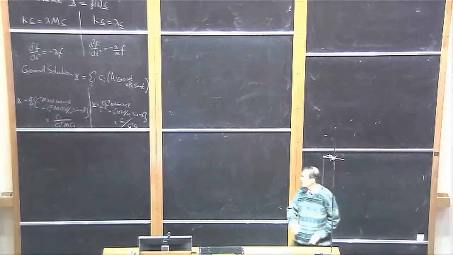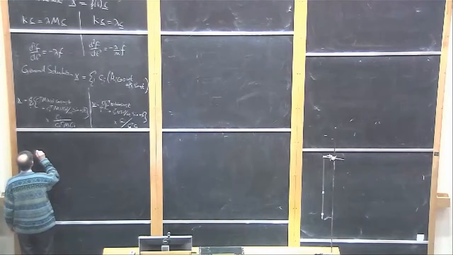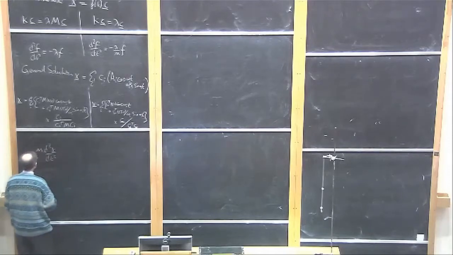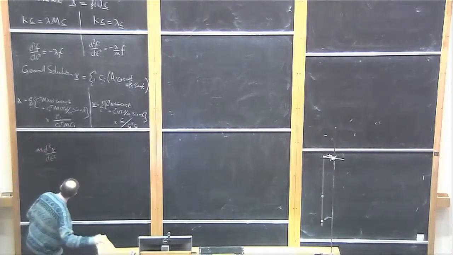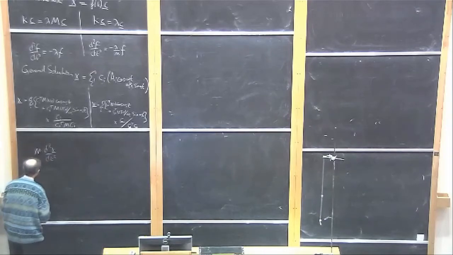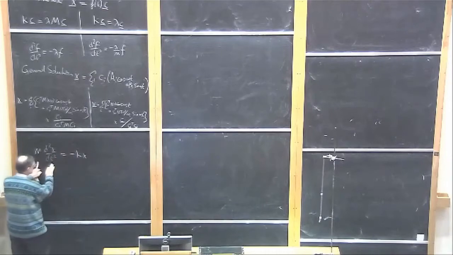Okay, so how do we handle that problem? Well, the equation of motion is m d2x/dt² equals minus kx. Actually, because the mass isn't going to play any role, let's treat it as though the masses were unequal. So this is mass times acceleration.